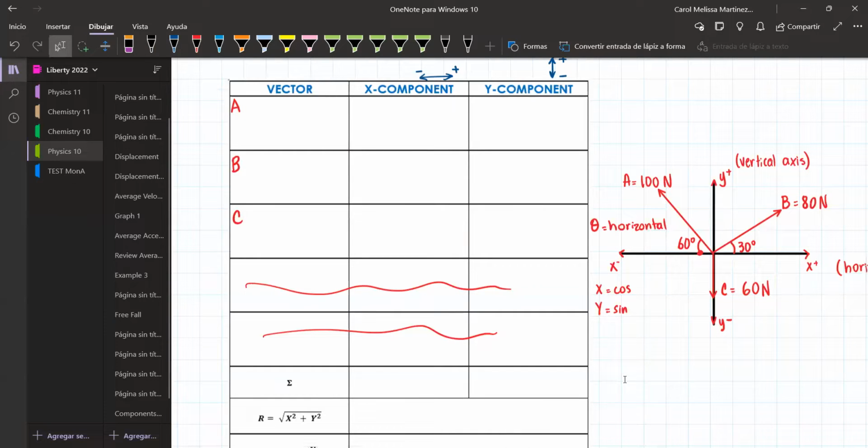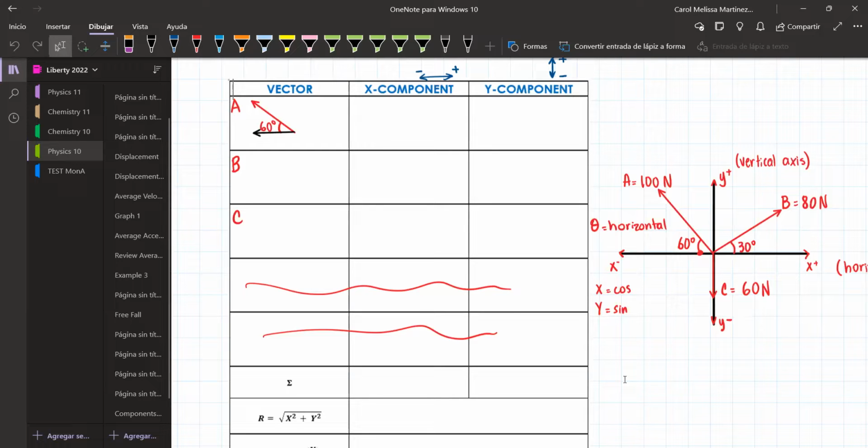Okay. So I have my first vector over here. And it has an angle of 60 degrees. So the first thing that I do is I will complete my vector in X and in Y. It is the same that we have been doing so far.